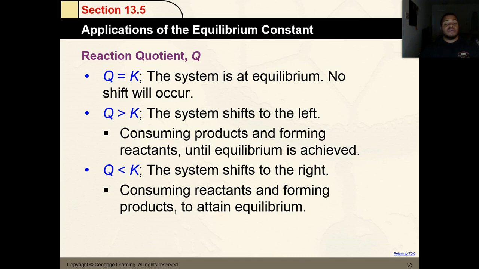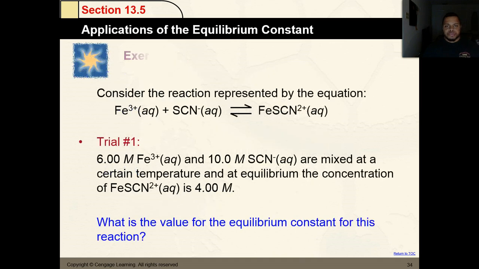Notice that if we've already found K, but at that time we find Q and it happens to be larger than K, the reaction is going to shift to the left. If K happens to be larger than Q, then it's going to shift to the right. We'll go through some examples of this in class so that you can see what I mean by shift, right and left, and how we'll actually go about finding these values.